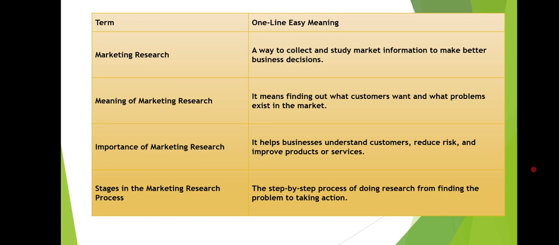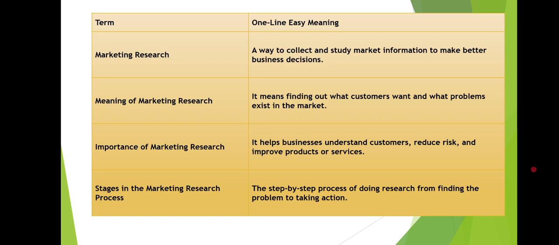That means finding out what customers want and need, and what problem exists in the market in reality. For example, in the market, different customers want different kinds of products. So it's the responsibility of the business to do good research on a particular thing.